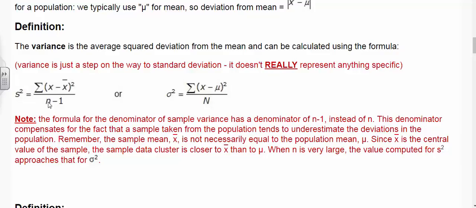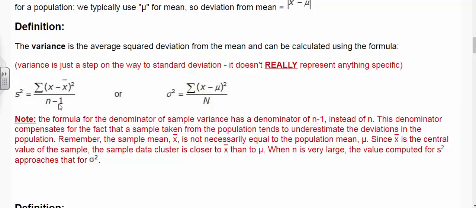And so by dealing with n minus 1, so instead of dividing by 10 items, I divide by 9. Instead of dividing by the 100 items in my sample, I divide by 99. We actually just increase the value that we're calculating, so that we're compensating for the fact that we're likely to have missed those extreme values that would make a bigger difference.